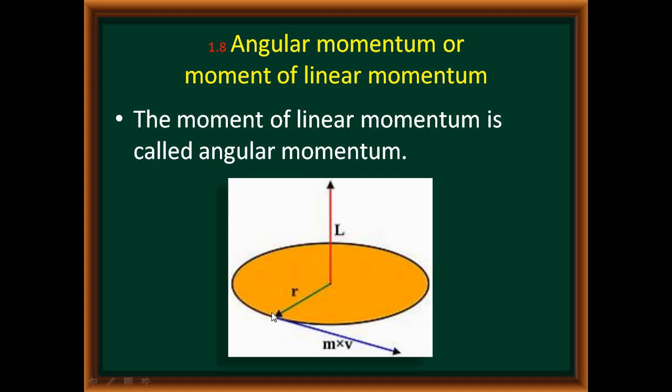This is the linear momentum, this is the radius vector, and this vector indicates the angular momentum L for the rotating lamina. This L has a direction which is given by the right hand thumb rule.